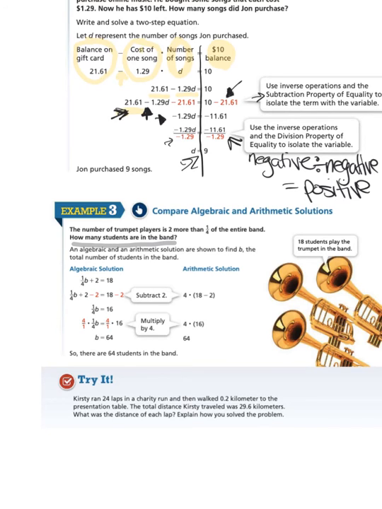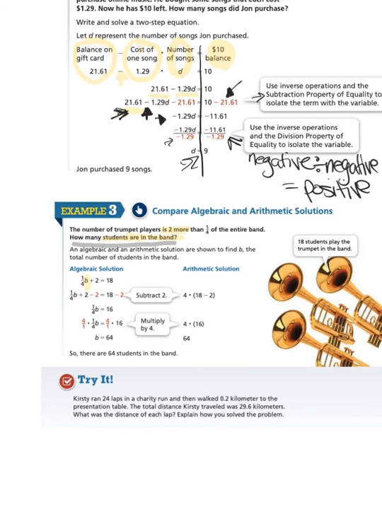We don't know that information, so we're going to write that as a variable. So they're going to write how many students are in the band as B. Well, it's 1/4 of the entire band, so we're going to multiply, plus 2 more. 2 more we're going to add.